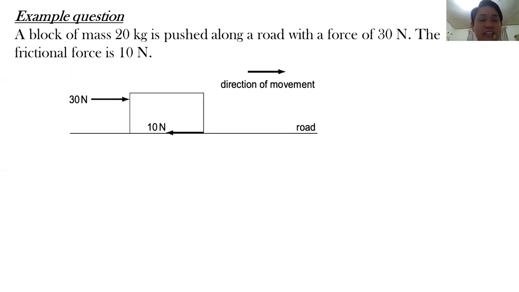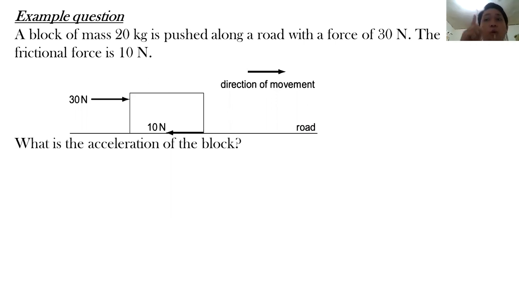As you can see in the illustration, the block is pushed along the road with a force of 30 Newton. Remember the direction of movement: it is going to the right, and going to the left is the direction of your frictional force. So now the question is, what is the acceleration of the block?